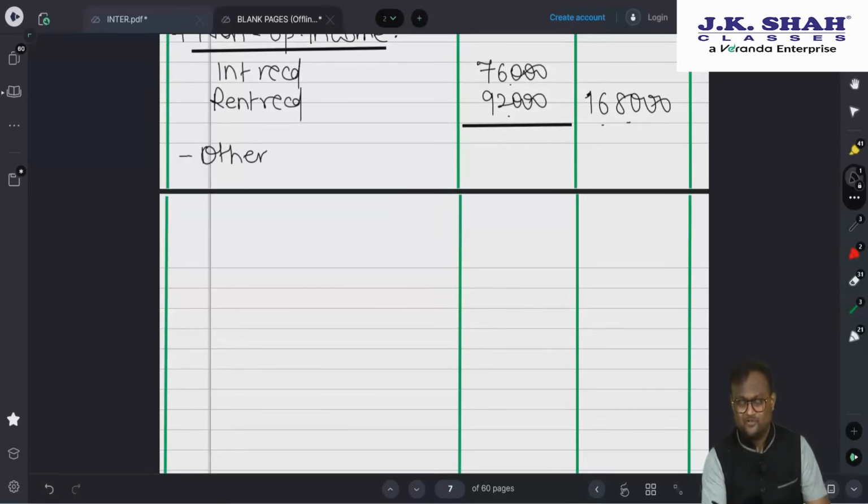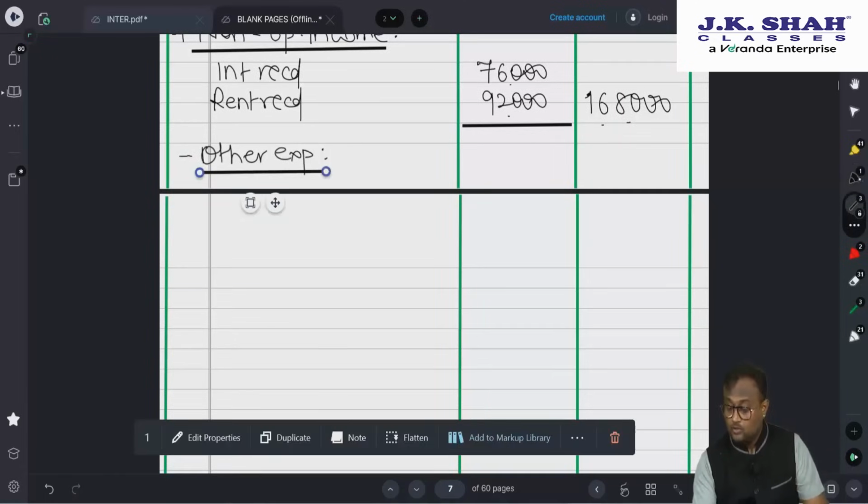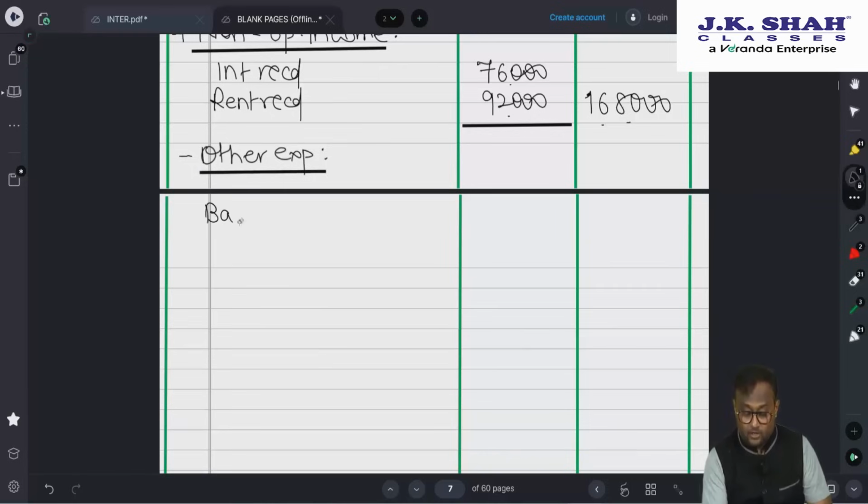non-operating expenses and all, dividend and all we have, so we can directly write other expenses. There is no need to get into detail now. You have bad debts, and I think you have dividend.